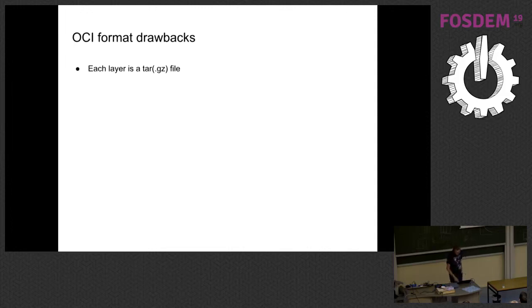So there's basics and drawbacks, and one of the drawbacks is that it is indeed just a tar.gzip file. And one of the reasons is there's no deduplication. So the way these things are typically constructed, you build one layer at the bottom, and then you make some changes in the next layer.